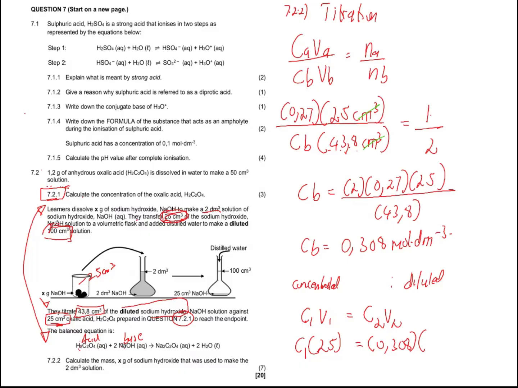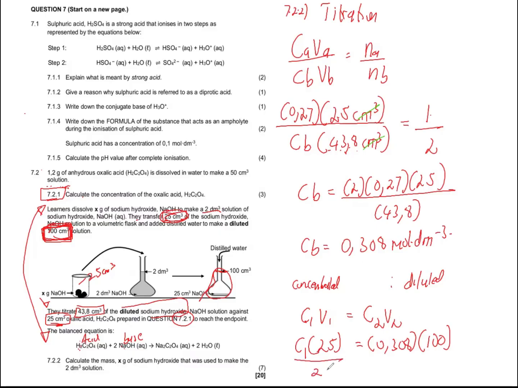When it was diluted, it now had an additional volume of 100, right? So remember, it was the 25, and then they put in distilled water to make it 100. So that means they added 75 cm³ on top. But now as a dilute sodium hydroxide, it has a volume of 100 cm³.